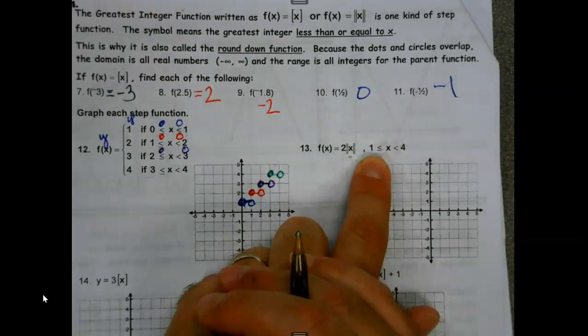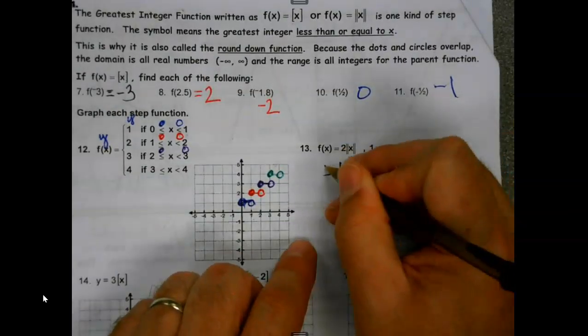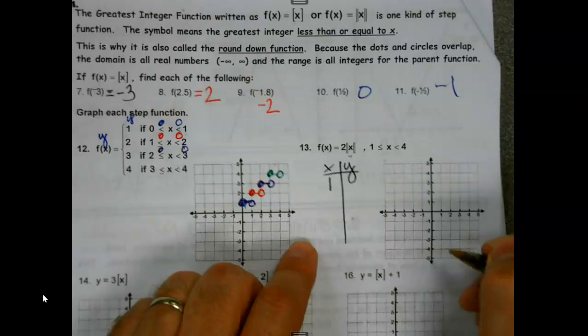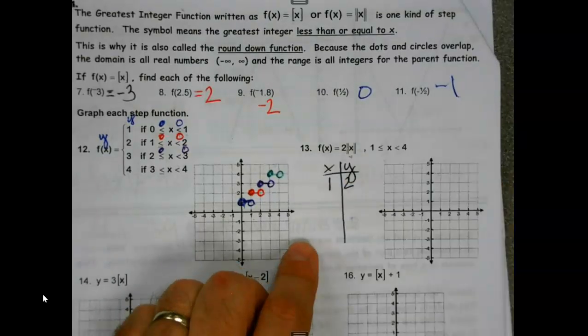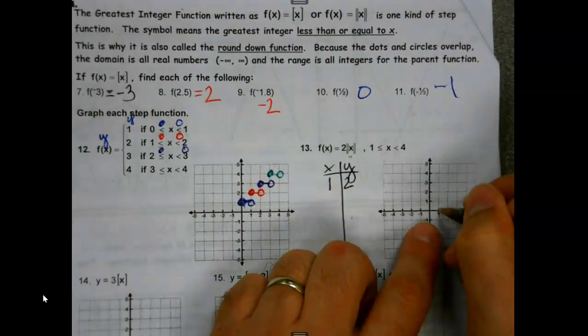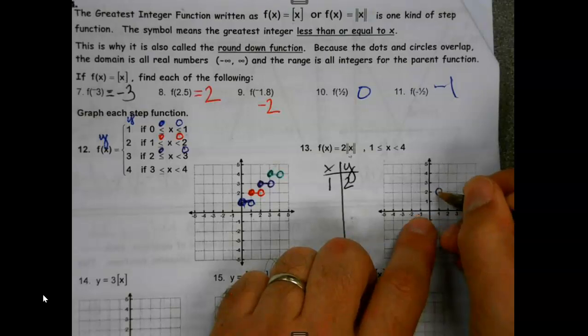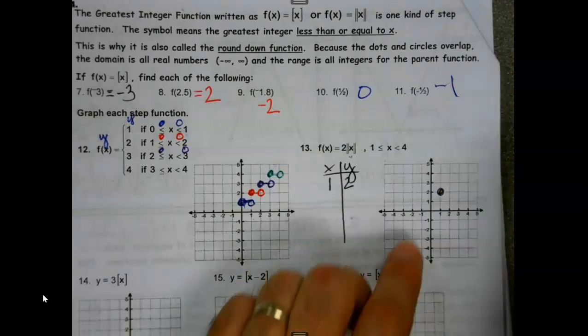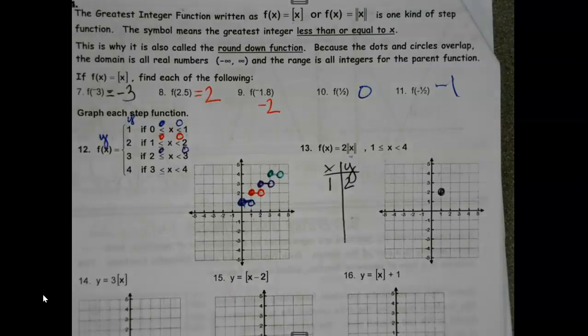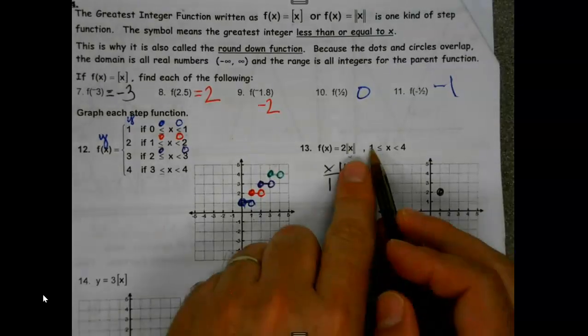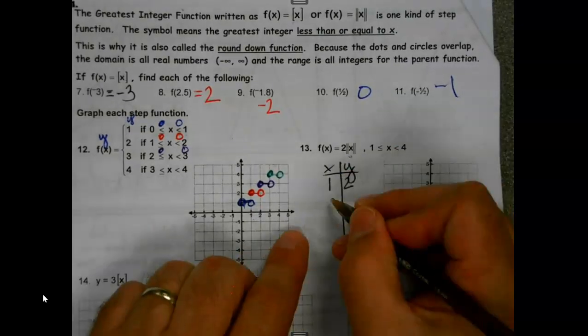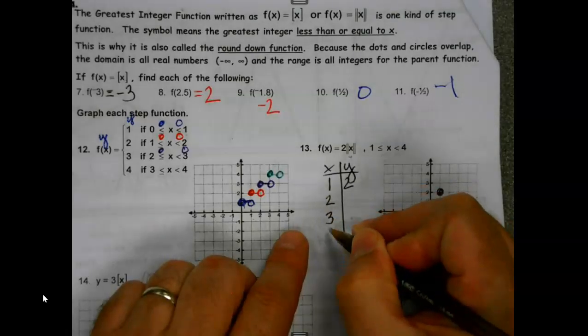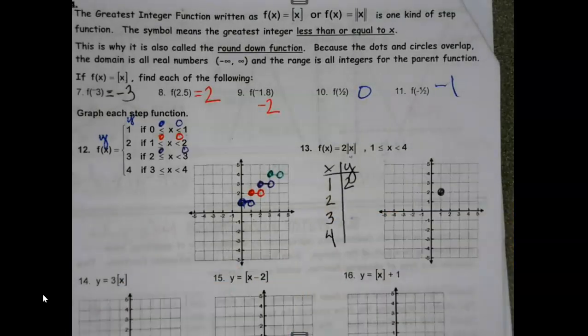And if you plug in 1 for x, you get out 2 for y. So 1, I go up to 2 for y, and I close my dot. And I notice this is going to be going up to 4. So if I do this with the whole numbers up to 4, and again, this is just while I'm getting used to it, I'm going to show you some patterns that you can use too on these.